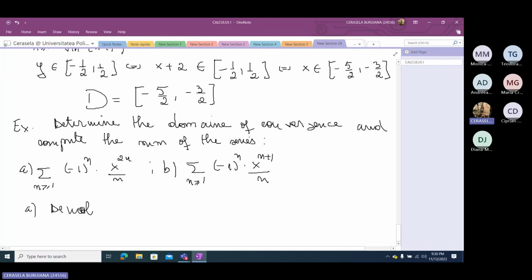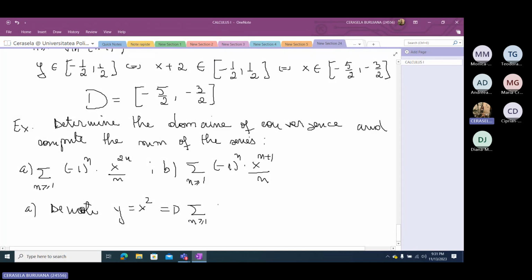Yeah, you may do it. We can denote x at power 2 with y. So it's not mandatory here. We may do it without this change of variables, or if we want, we may do it. But this change of variables will actually help us a little bit when I try to compute the sum, so it's better to use it.